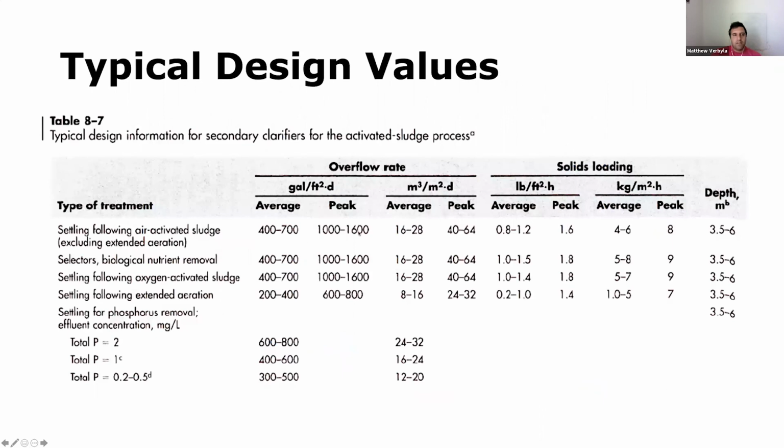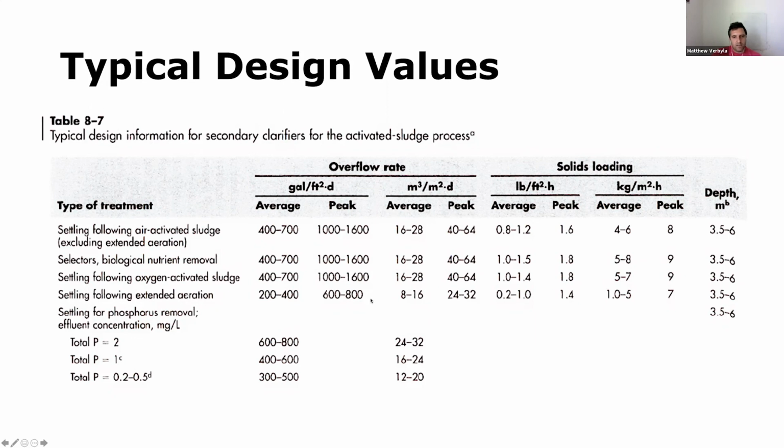And we've got some typical design values that you can see in this table that are used for secondary clarifiers, and you'll note that those are different than what we use for primary clarifiers. Depending on the type of treatment, if we've got settling after air activated sludge, or settling after activated sludge with pure oxygen, we might use different values.